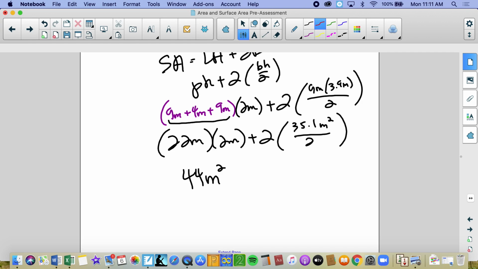Let's do a little saving of time. 2 is in the numerator, 2 is in the denominator. They're going to cancel to make 1. So that leaves me with 35.1 meters squared. And 44 meters squared plus 35.1 meters squared gives me 79.1 meters squared.